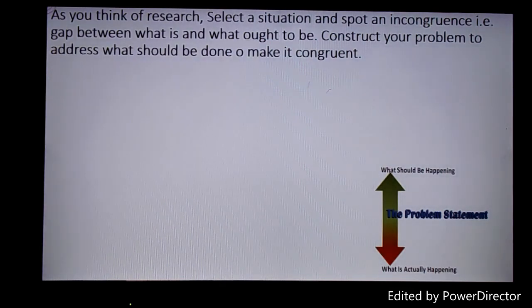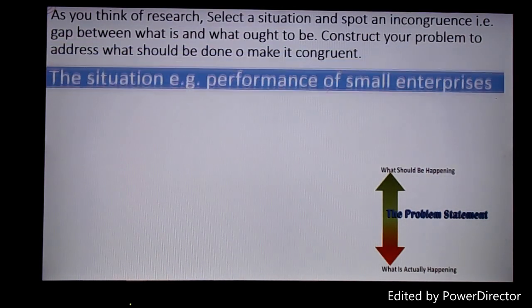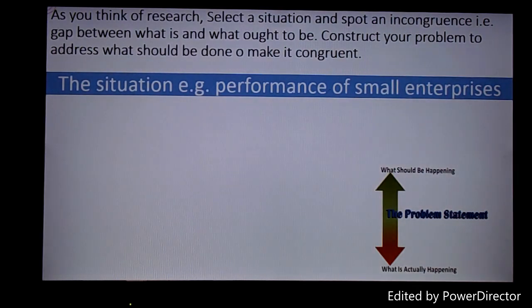As you can see at the bottom right-hand side, the problem statement is what should be happening and what is actually happening. If there is a difference between what is happening and what should be happening, then there is a problem. But if there is no difference, what is happening is what should be happening, then there might be no problem.